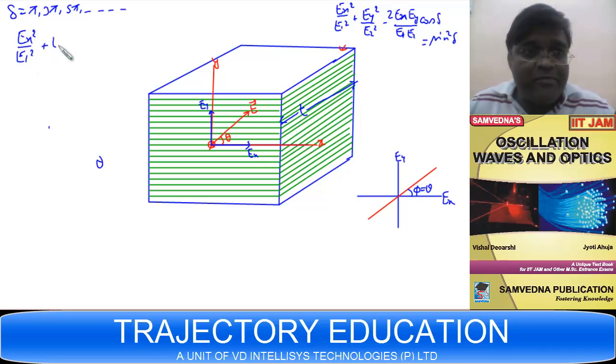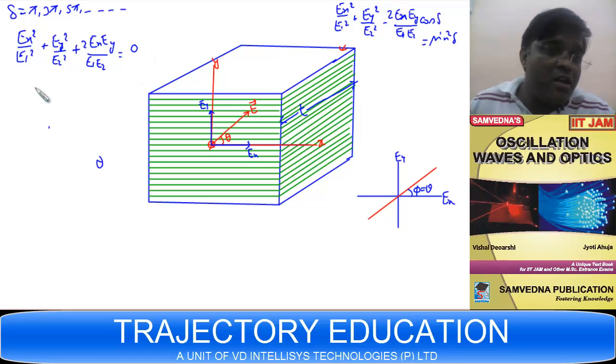Your (Ex by E1) square plus (Ey by E2) square plus 2ExEy equals 0, right?